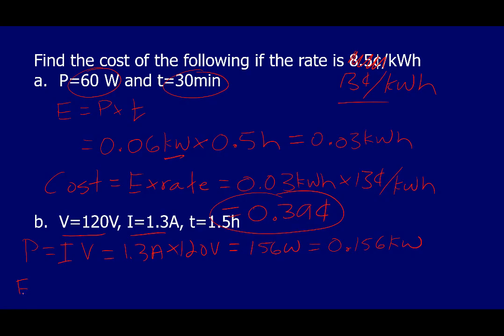So my energy consumption is equal to 0.156 kilowatts times 1.5 hours. 0.156 times 1.5 gives me 0.234 kilowatt hours.